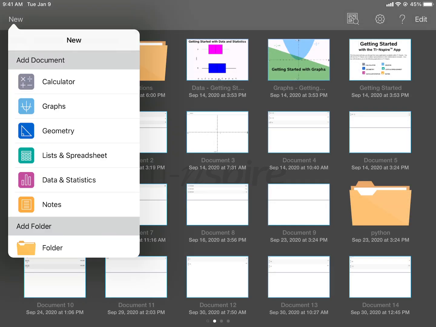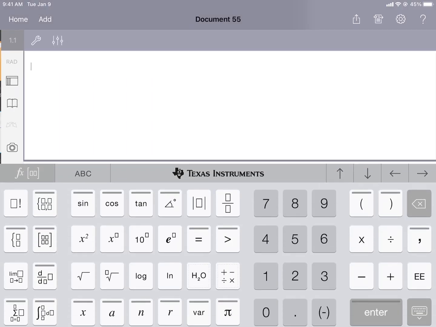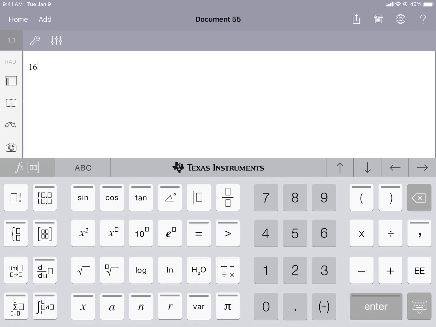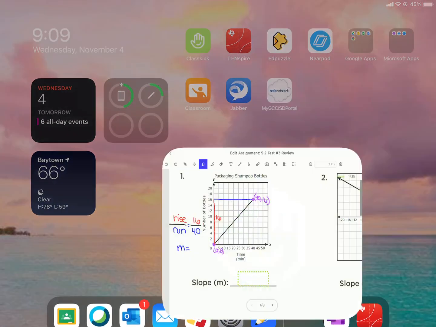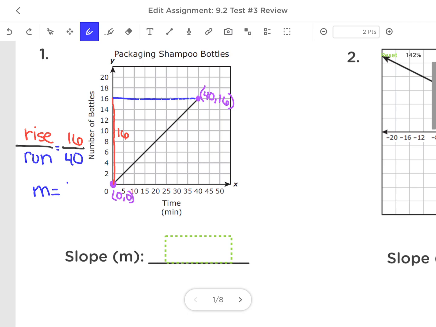Remember, you hit new calculator, and again I'm going to type in 16 divided by 40. Enter. It simplifies to 2/5. So my slope is 2/5.